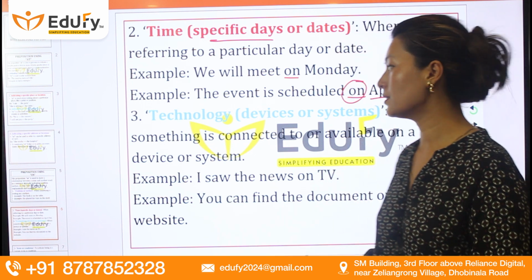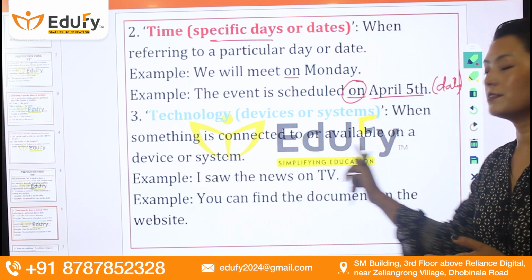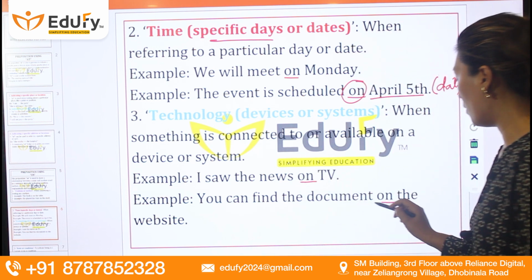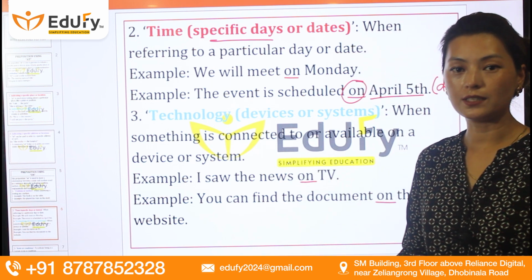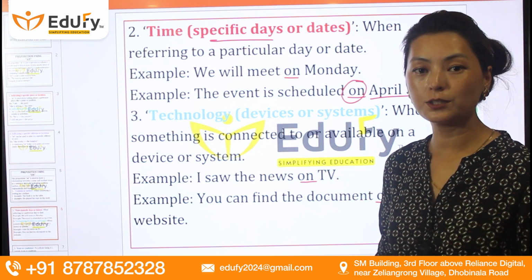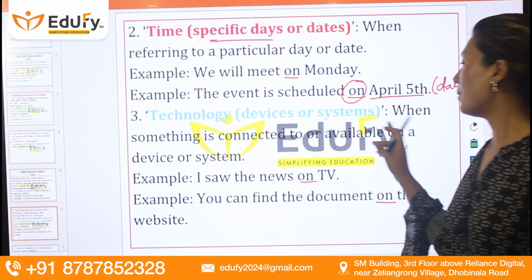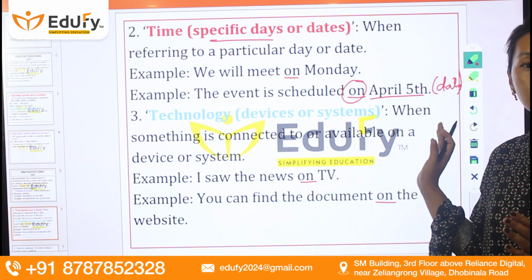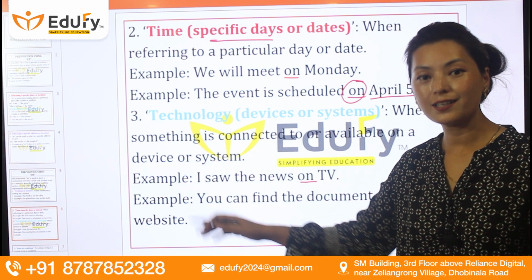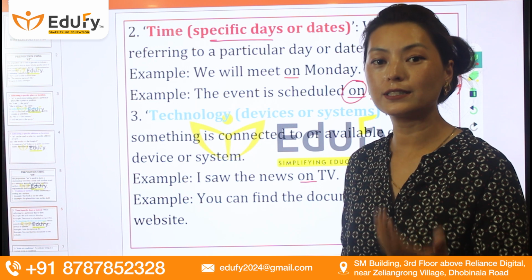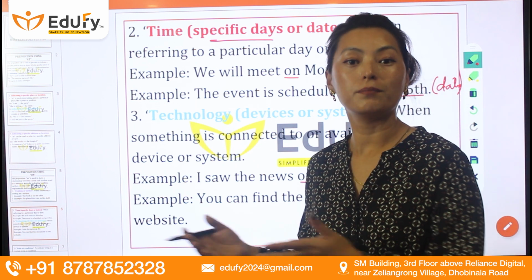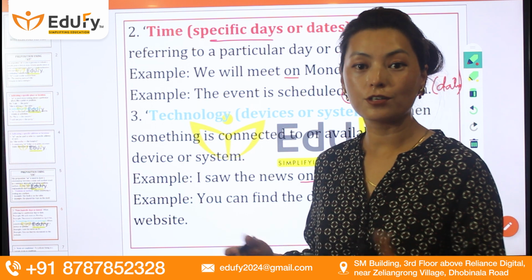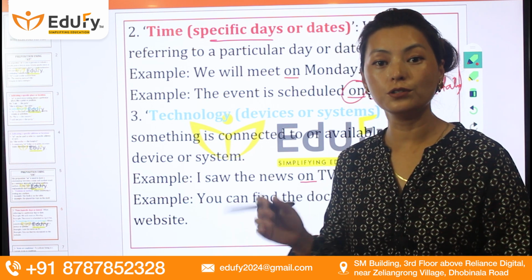So what you find here is when we're referring to technical devices or systems, we tend to use the word on in these type of sentences. So please make sure that you remember this point whenever we're referring to technology or something that is related to the system or device, we use the preposition on. For example, I have a picture on my phone. So again, I'm talking about a device and the picture on it, so therefore the preposition we use will be on here.